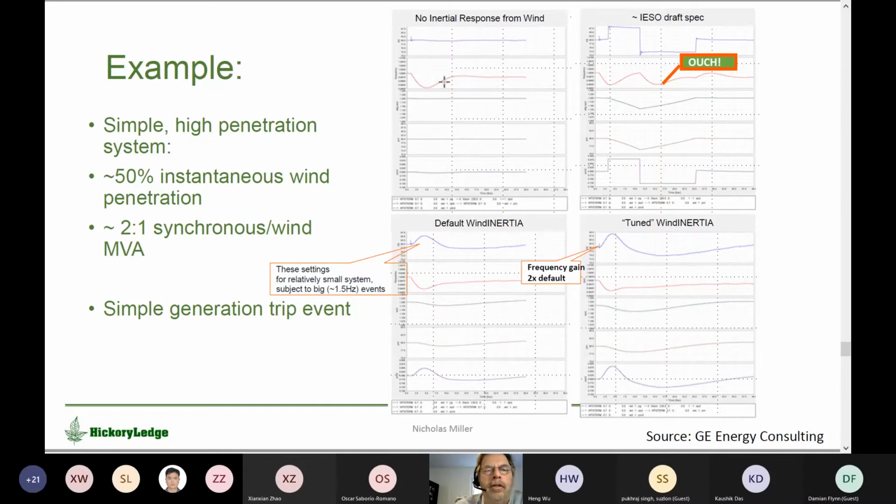So there's the frequency doing one of these fishhook things for a loss and a recovery. Over here we have that draft IESO spec, and after a second or so, the turbine is supposed to ramp up. We didn't actually have the ability to do the ramp, so we stepped it in this simple way. And look, we make the frequency better, and the system comes back very nicely.